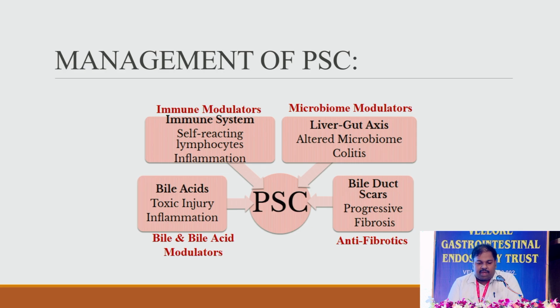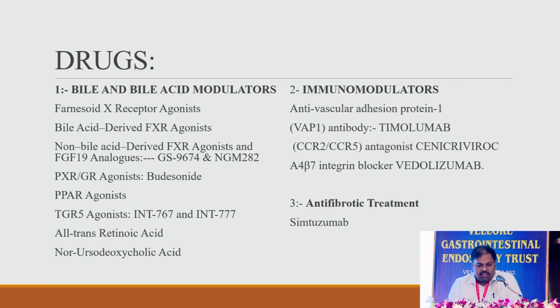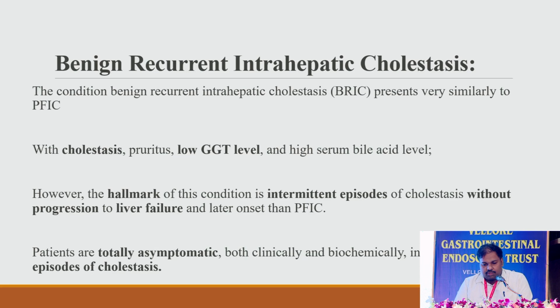And if you suspect bile duct scars, you should start the patient on antifibrotics. There are various drugs like bile acid modulators, farnesoid X receptor agonists like obeticholic acid, and other drugs like norursodeoxycholic acid. Then immunomodulators or drugs like vedolizumab, and antifibrotic agents like simtuzumab can also be used.